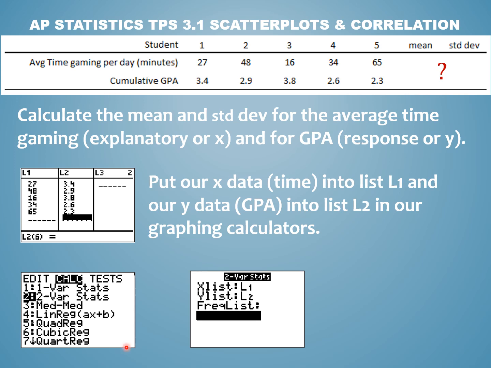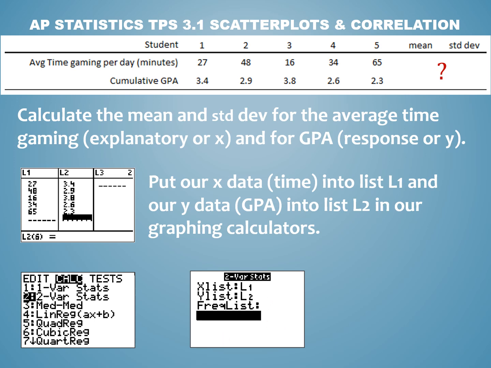Let me just say one cautionary thing too, is make sure these data values line up. These cannot just be in any order. It's okay for what we're doing now, but in a minute when we need this data, it's going to be pretty important. So make sure that 65 is right next to the 2.3, that the 34 is next to the 2.6, and so on, okay?